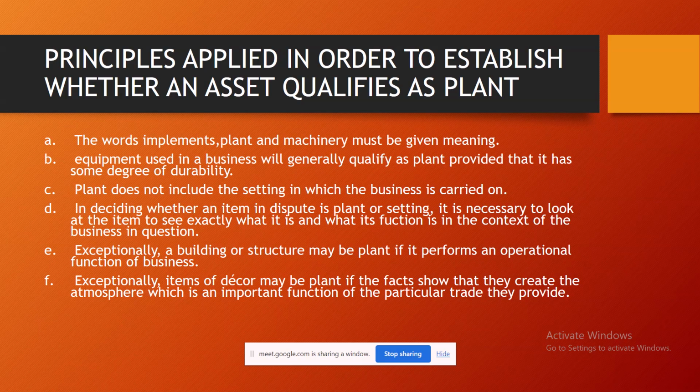A plant, as I've mentioned, is used to produce something. Machinery normally refers to mechanical pieces of equipment used to carry out the task. That includes motor vehicles and machinery.